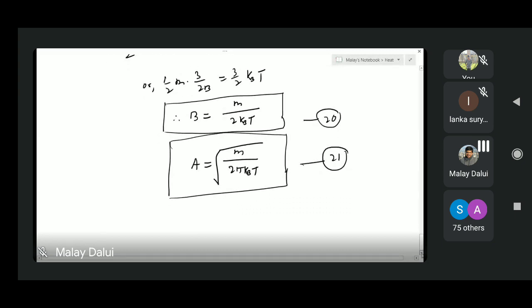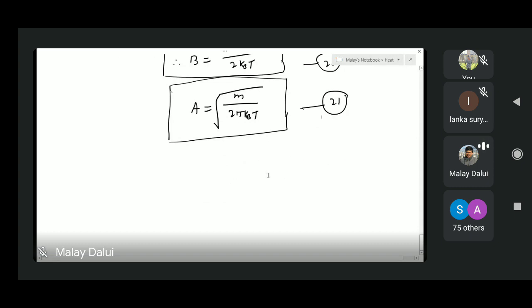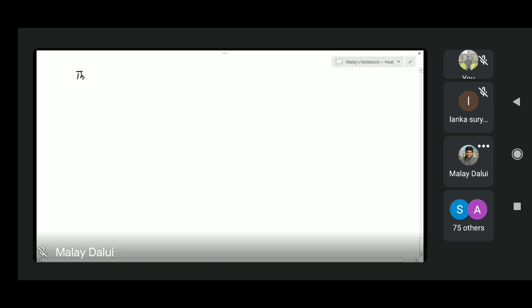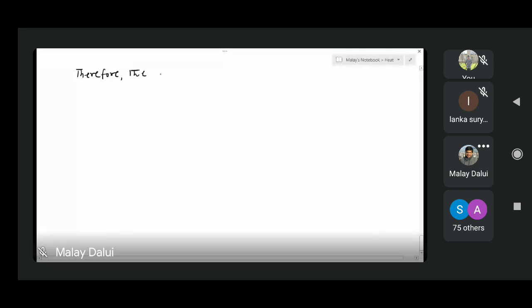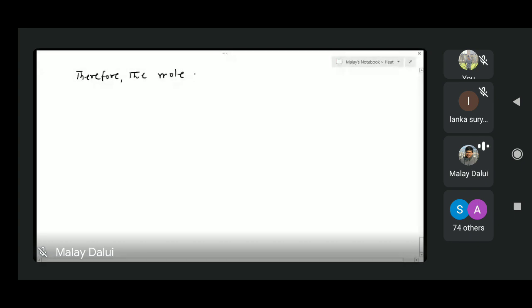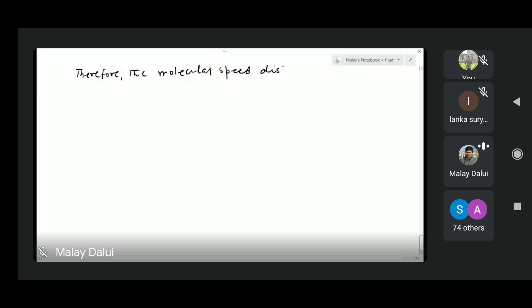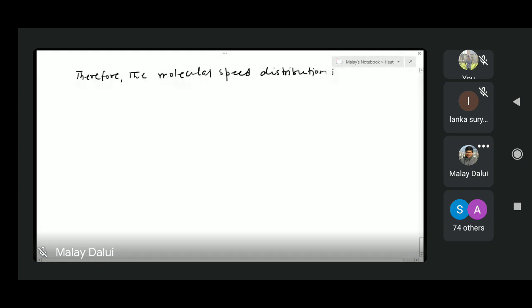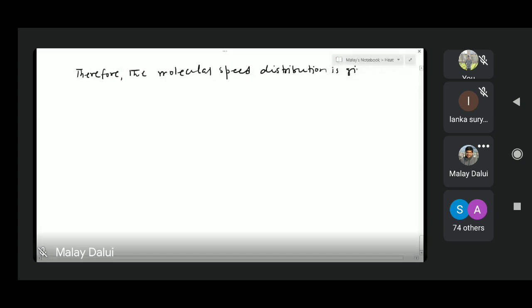So the velocity distribution, or the speed distribution, the molecular speed distribution, is given by f of v. We had it in terms of the constant.